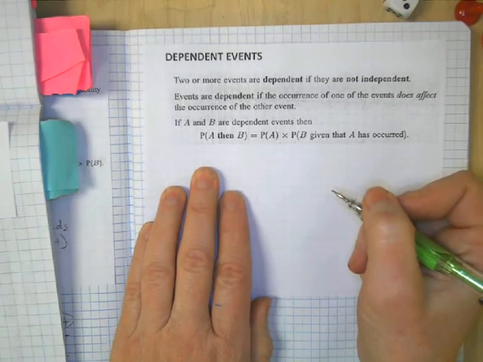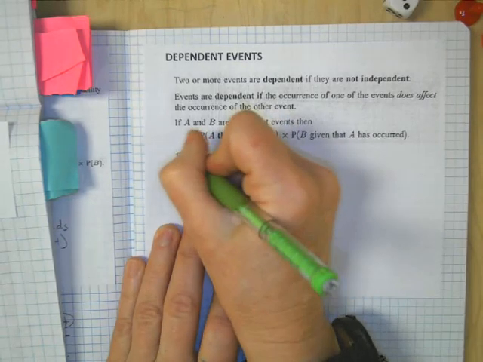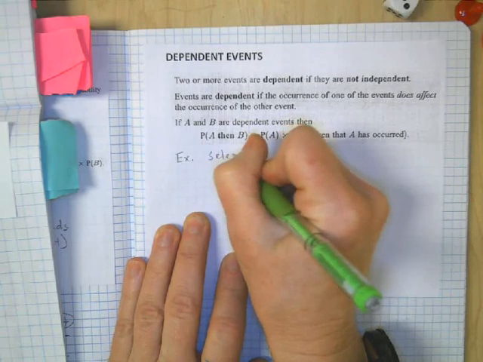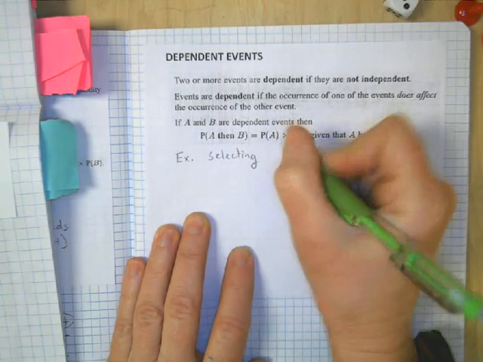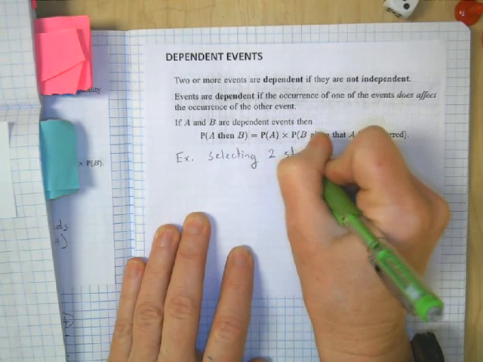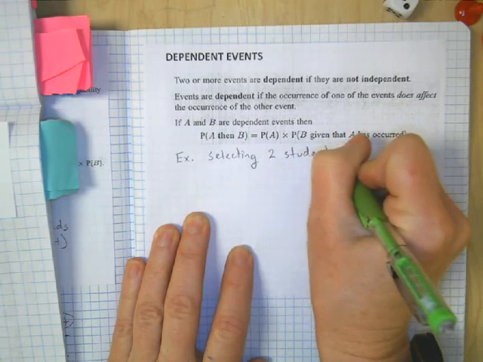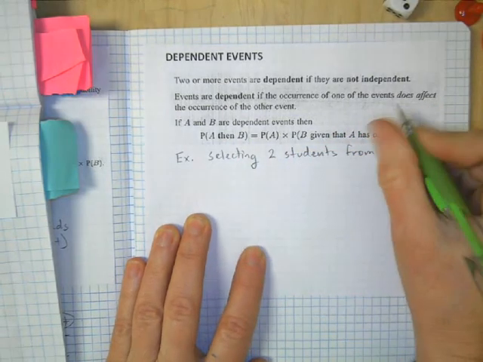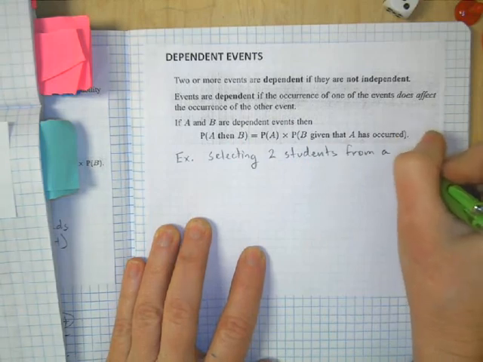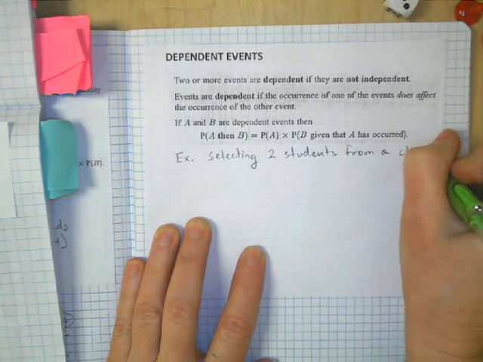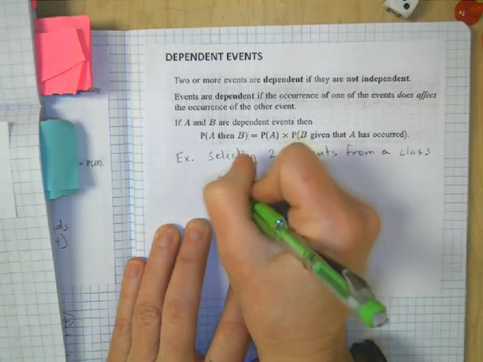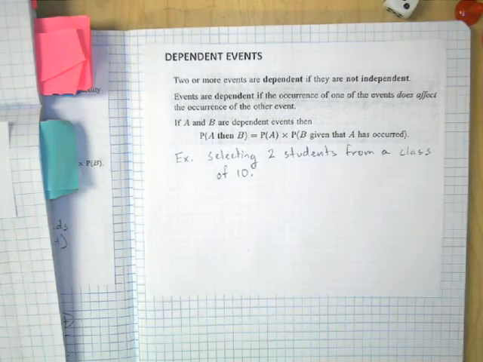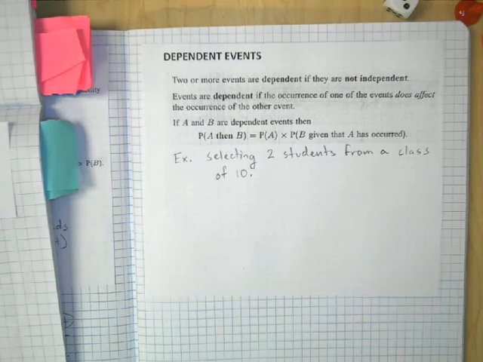I want to select 2 students from a class of 10. I'm going to select 2 students out of a class of 10.